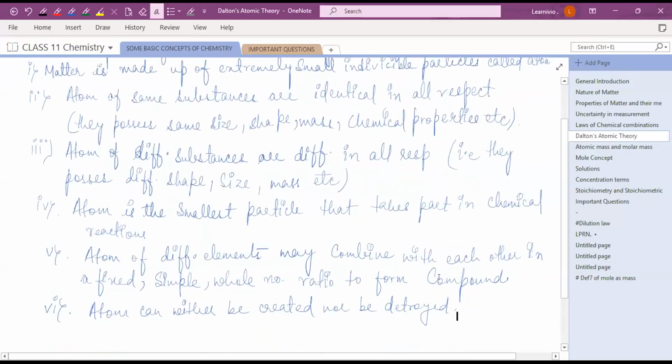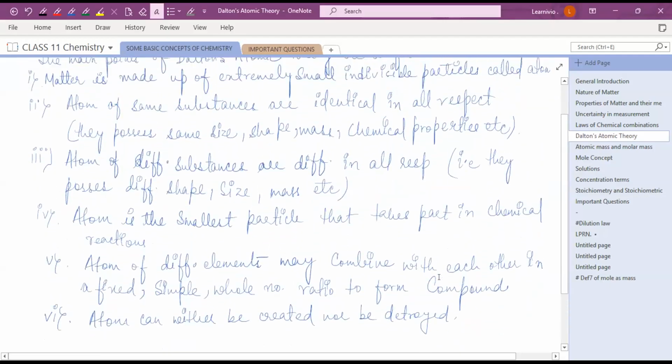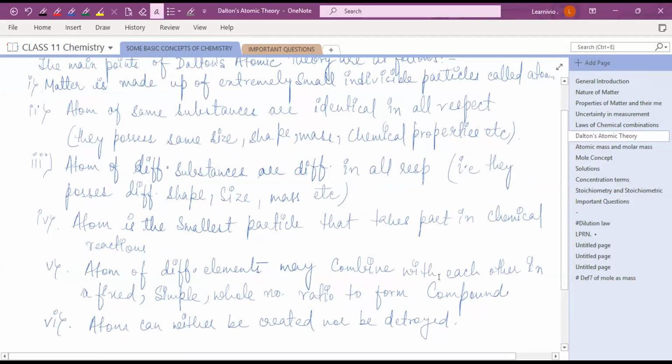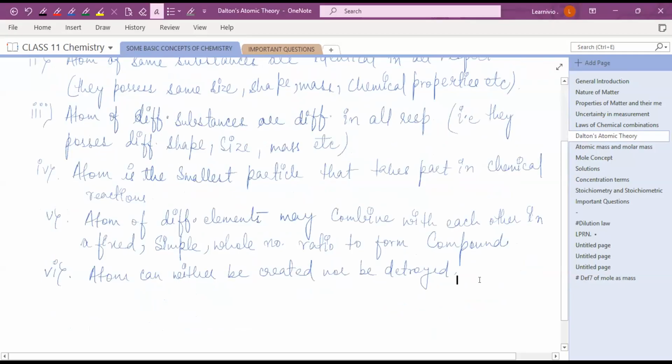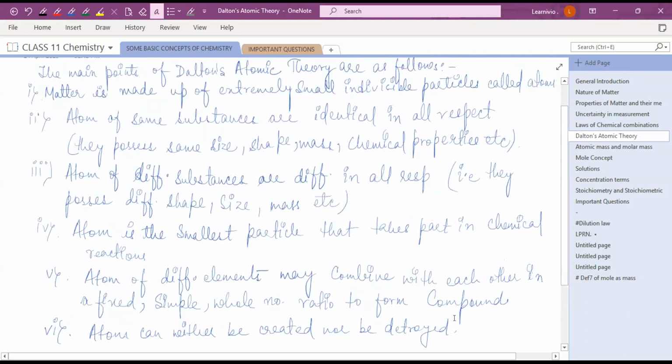Okay, so these are the main postulates of Dalton's atomic theory, and he gave these postulates by observing those five laws of chemical combination. Sometimes they ask in your exam to write down the postulates of Dalton's atomic theory, so you should write all these points.